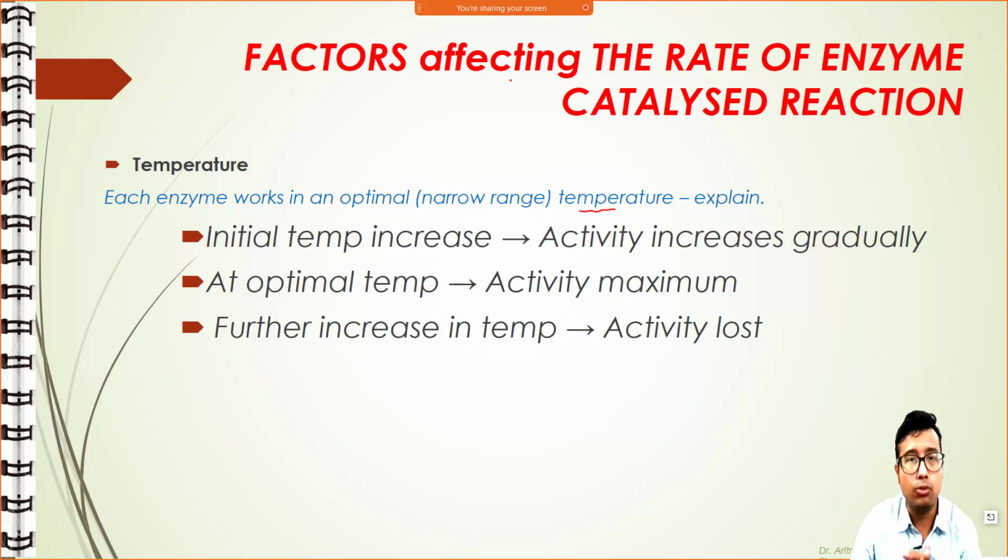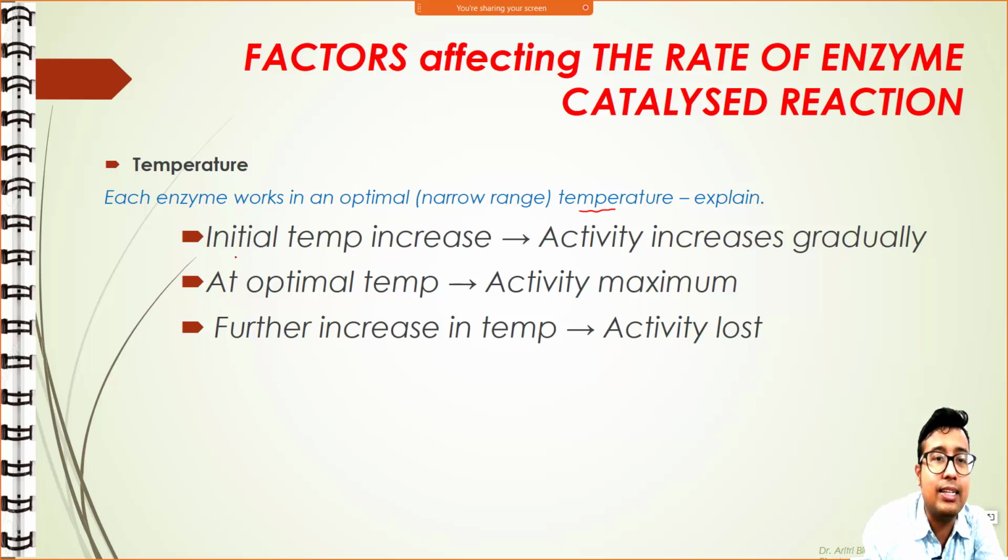However, it is true that activation energy is lowered as we increase the temperature gradually to a certain extent, if we give external energy. So up to a certain extent, an increase of temperature will lead to an increase of enzyme function.